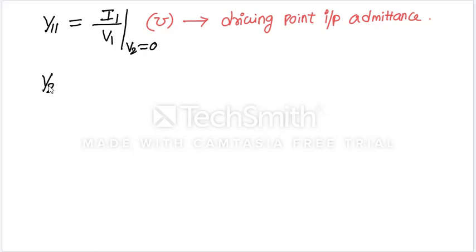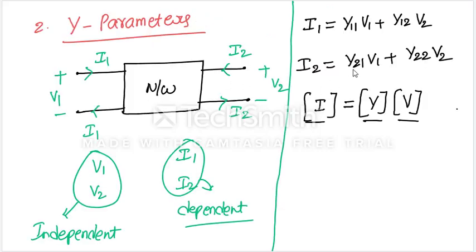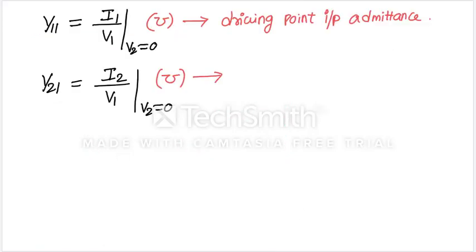Next, y21 is I2 by v1 when v2 equal to 0. The units are mho only. This is a transfer from one port to the other port, forward transfer.